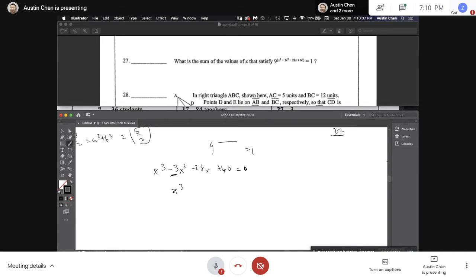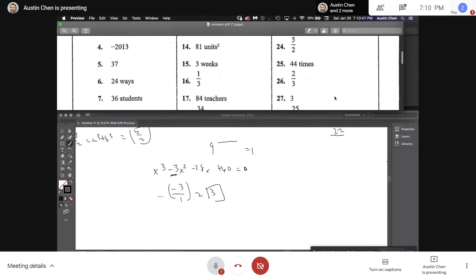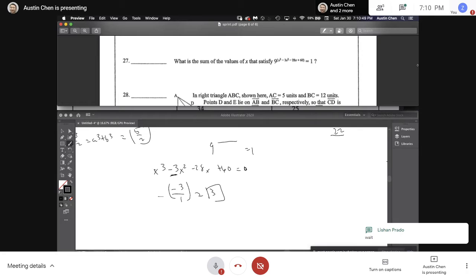So it's going to be -3/1 negative, so the sum of the roots is just going to be 3, and that's what it wants, right? So the answer should be just 3. Yeah, Vieta's is really helpful. Again, if you don't know Vieta's, you should try to know Vieta's.